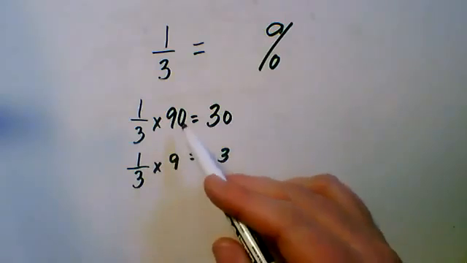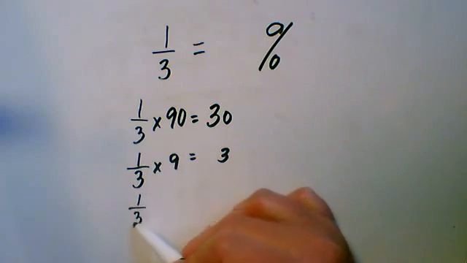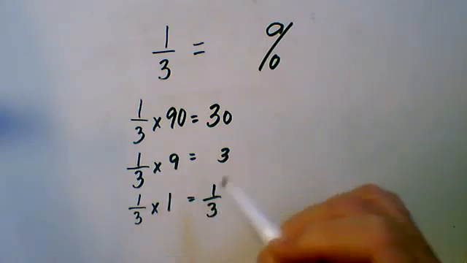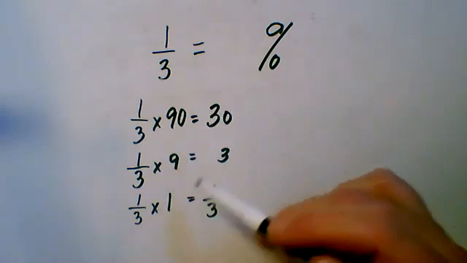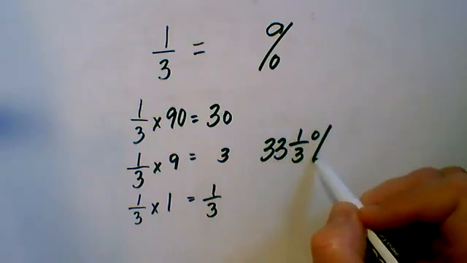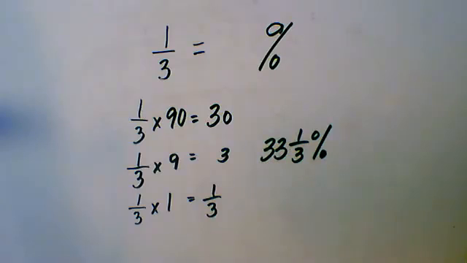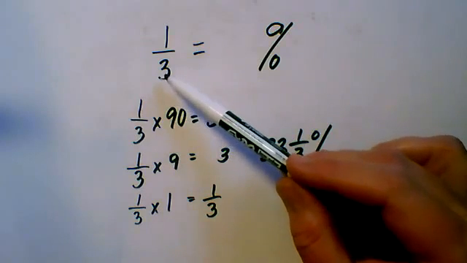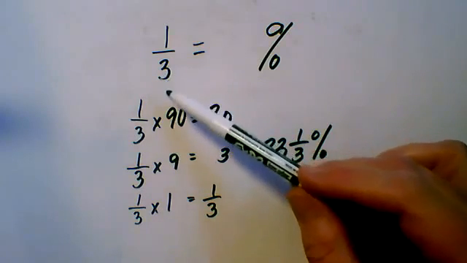And then you need one more to get to 100. So 1/3 of 1 is 1/3. You just add up all of these and you get 33 1/3%. So this takes a little bit of practice because you just need to know what's the most obvious multiple for the number to go into.